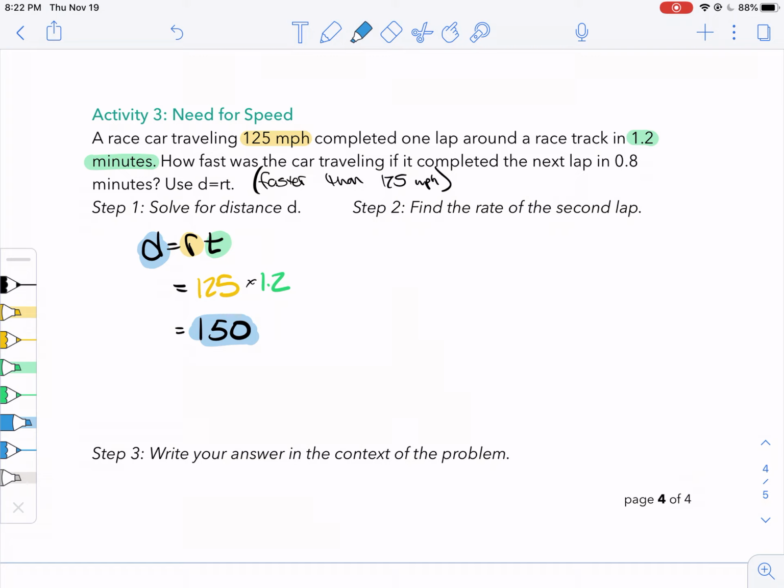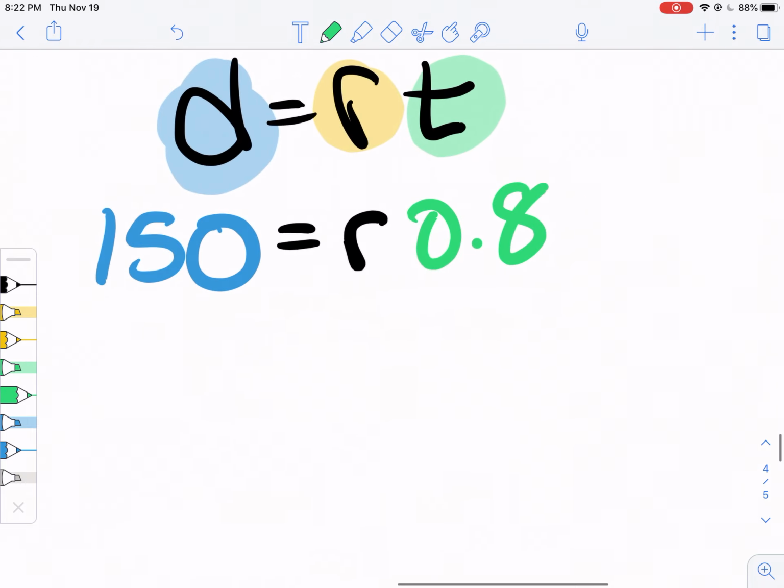Now we need to find the rate of the second lap. So if we know distance equals rate times time, and we know our distance is 150, we're looking for our rate. We'll call it R. But what was the time on that second lap? It was 0.8 minutes. So we have 150 equals R times 0.8.